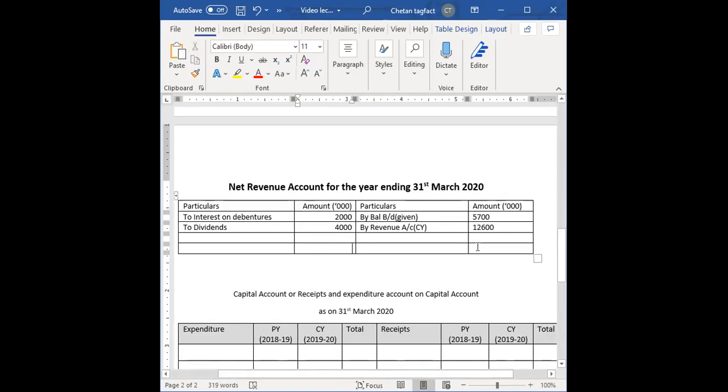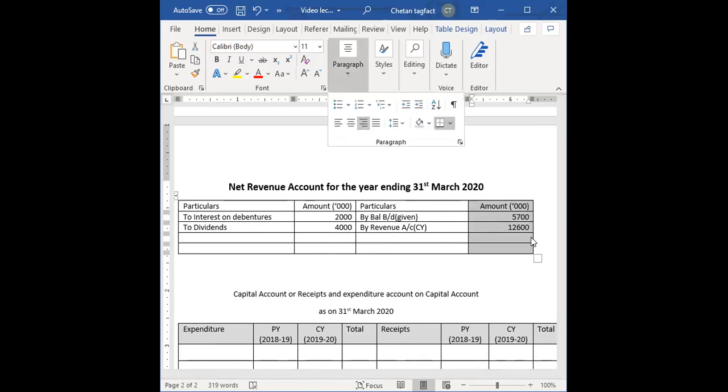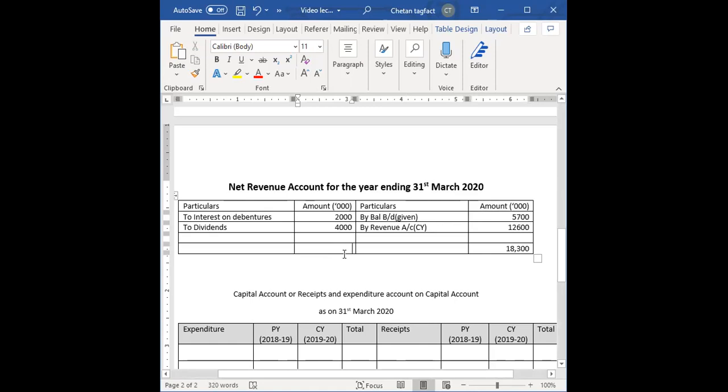So now let us try to balance the net revenue account. So usually if you are to gain profits, your credit side will be more than your debit side. So in this case also we have 12,600 and we have 5,700, that amounts to rupees 18,300. So 18,300, and this side we have only 6,000.